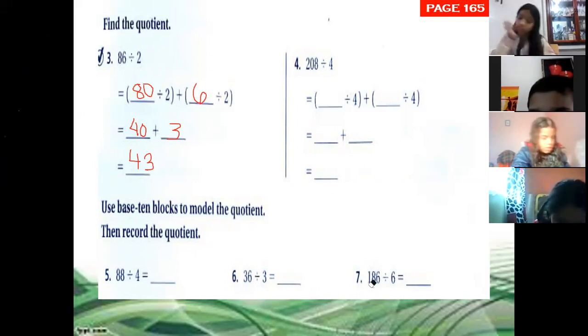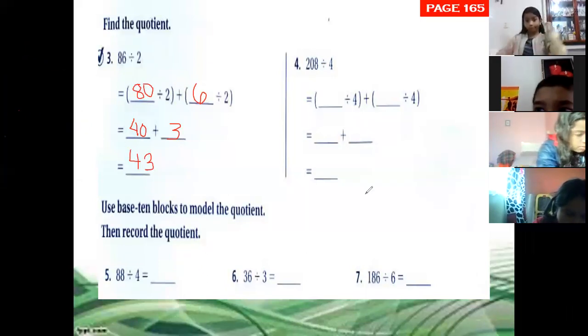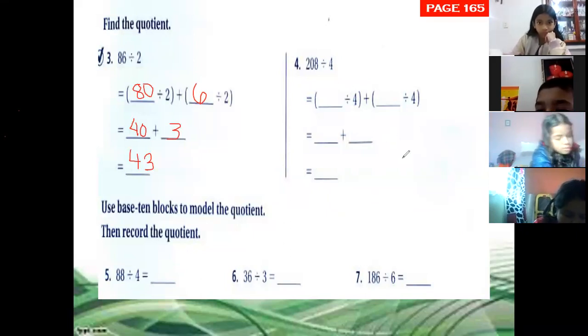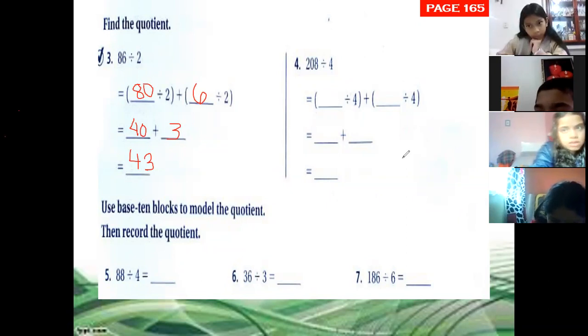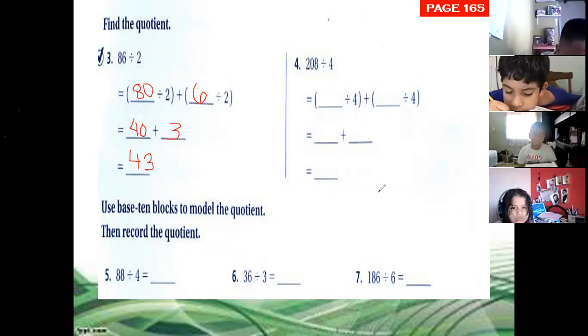So let's break apart the number exactly the way we did it with the first one. Let's write the ones and the hundreds, because it's 208.